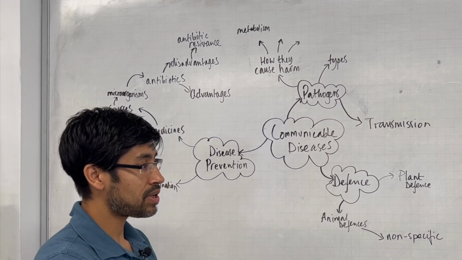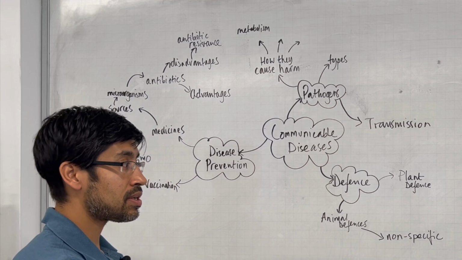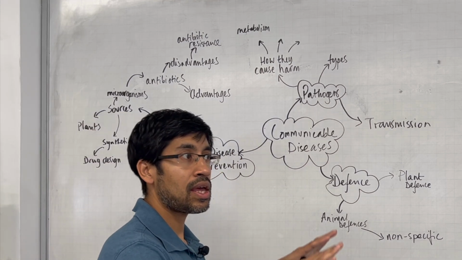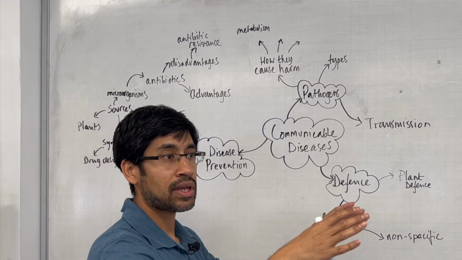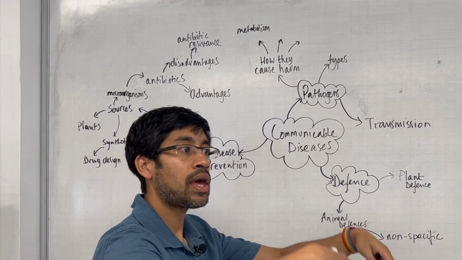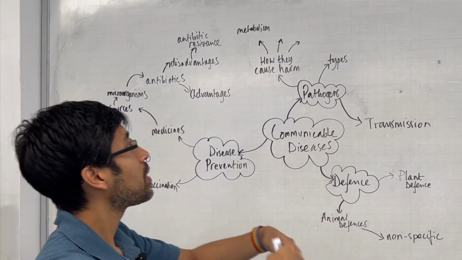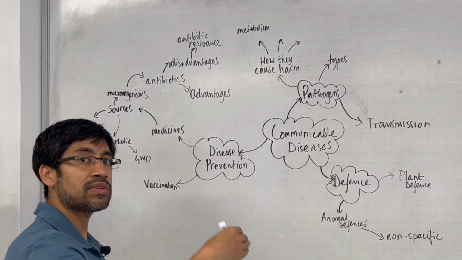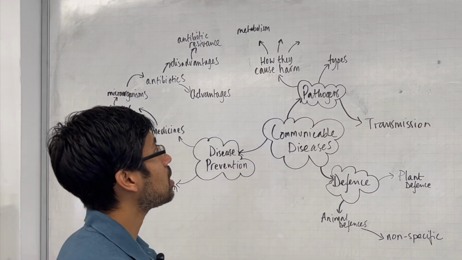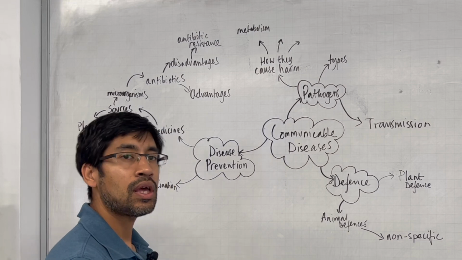So all the cell's energy and resources are diverted to make more viral particles, which then leave the cell, kill the cell, and then cause infection in neighboring cells, and the same process is repeated. This causes lots of cell death. Tissues then don't function properly, organs don't function properly.